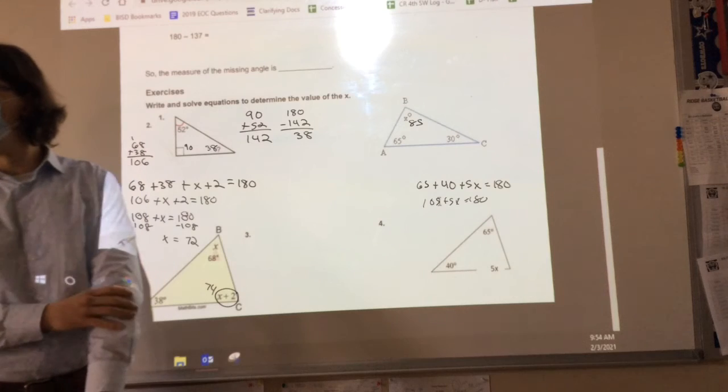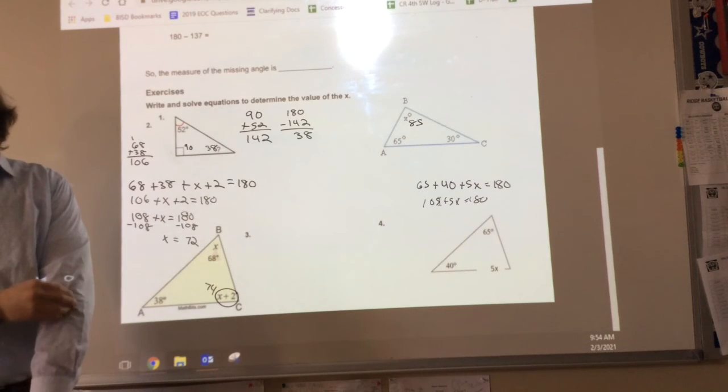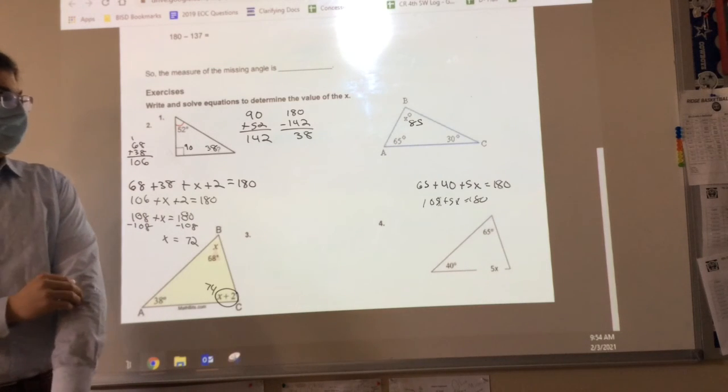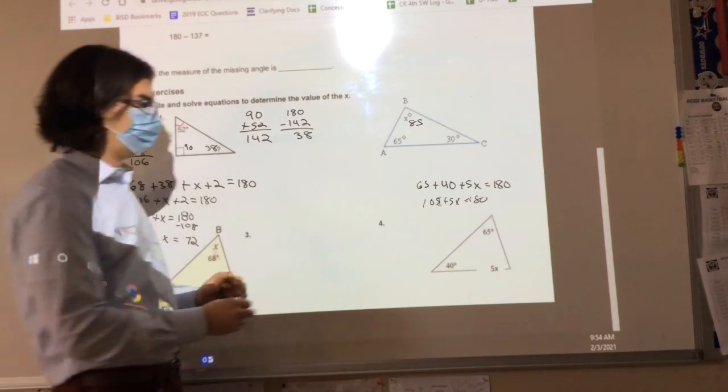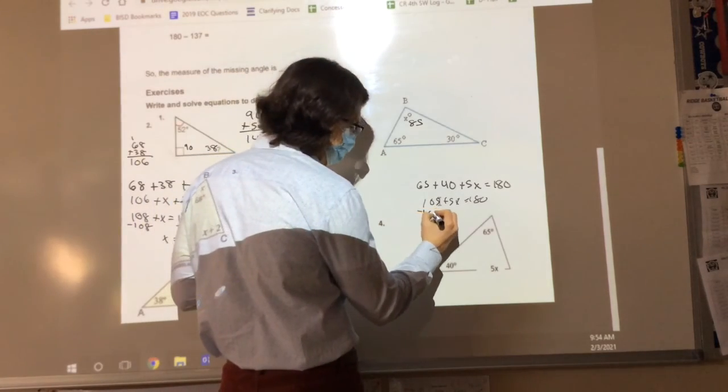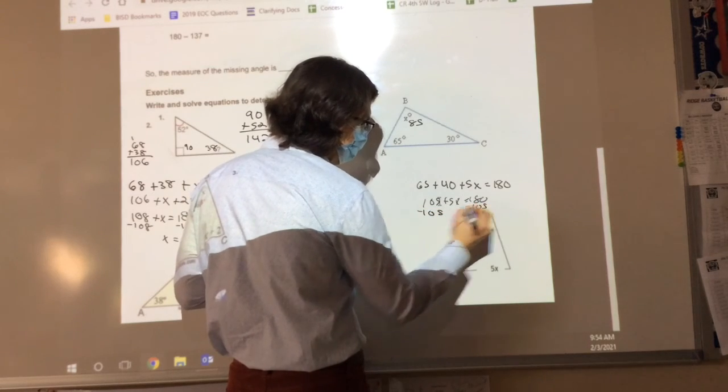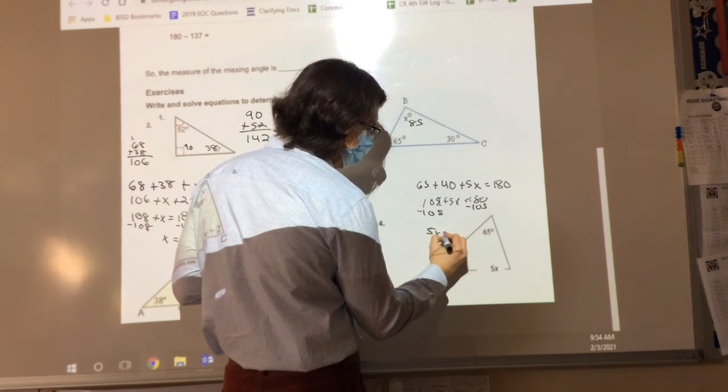So now what do you do? Times it by 5. Close. We got one more step before that. Isaac, what do you think? You subtract 105 from both sides. Good job. Now I get 5x is equal to 180 minus 105.